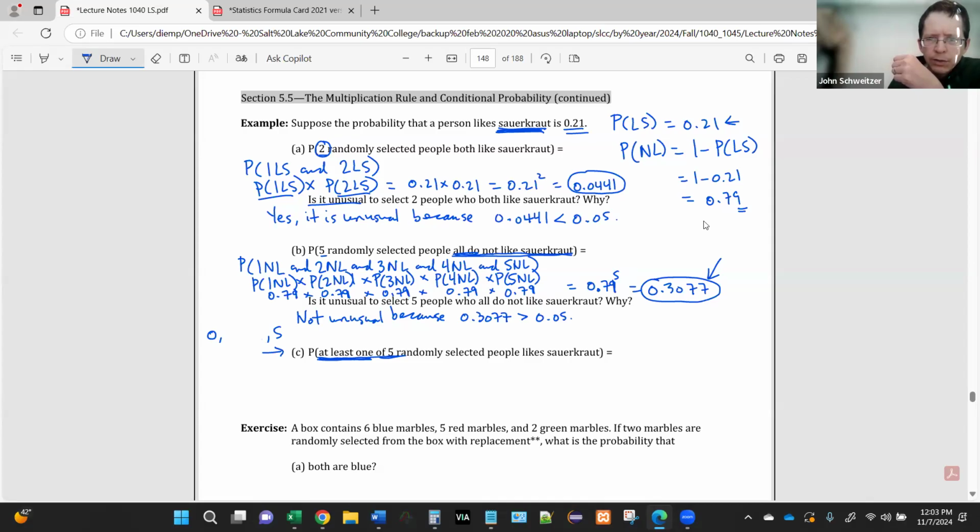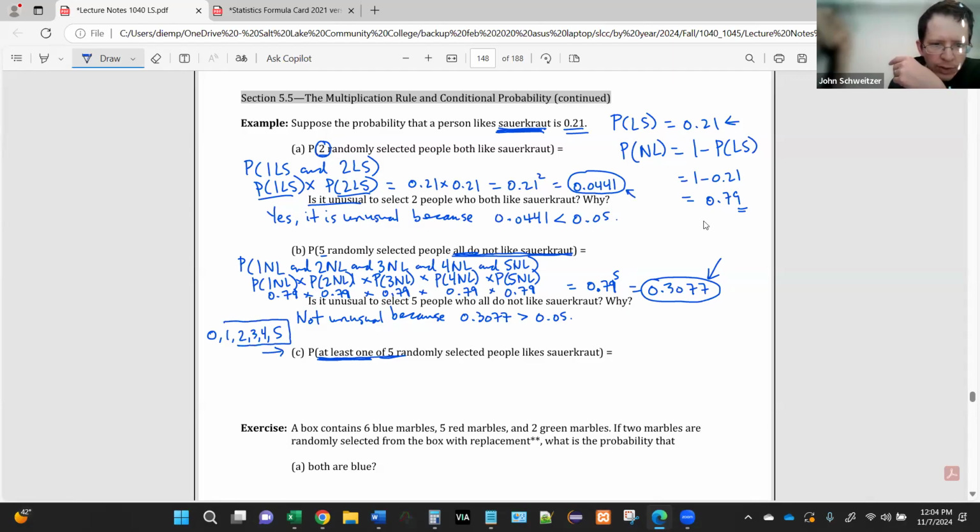We already saw that just getting 2 people out of 2 liking it is kind of small, but it is theoretically possible that all 5 like it, right? And then any number in between is also possible. You could have 1 person liking it, 2, 3, or 4 people liking it. Okay, so which ones of these represent at least 1?